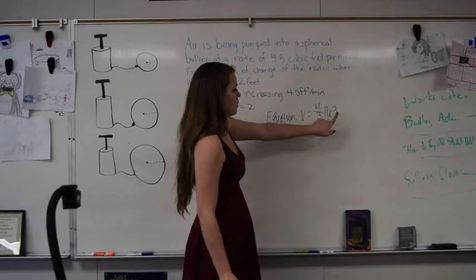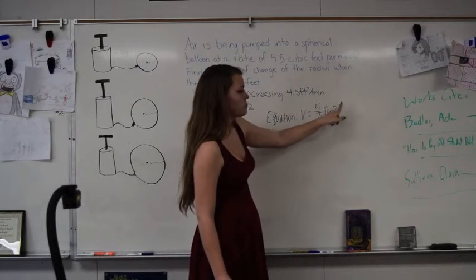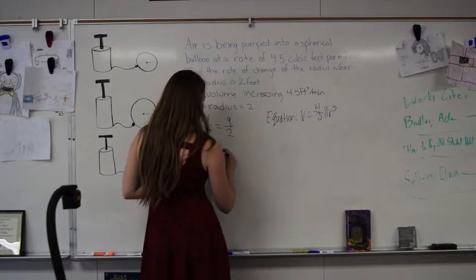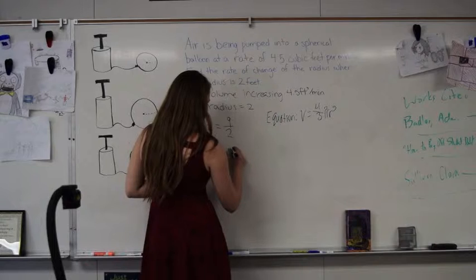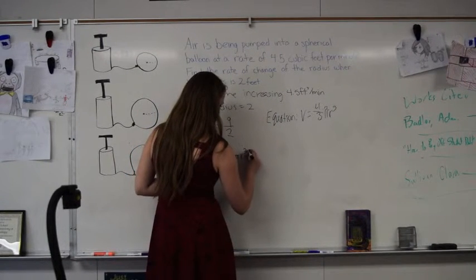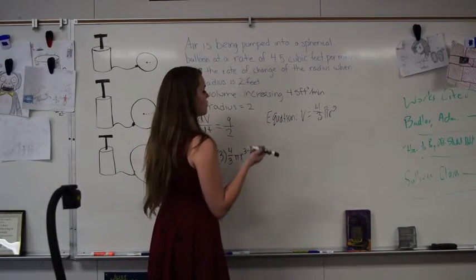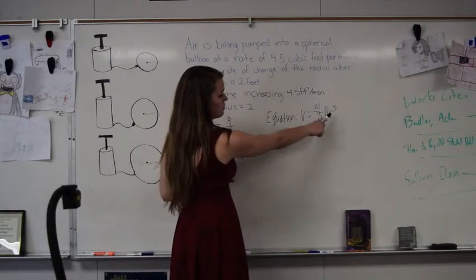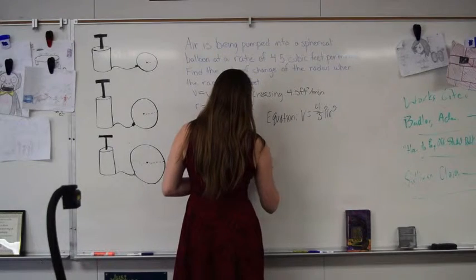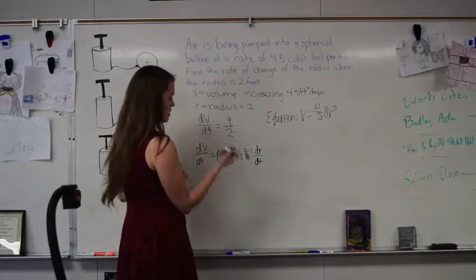So you bring the exponent 3 to the front of the equation and then subtract the exponent minus 1, like this. And then since it's implicit differentiation, we're solving the derivative in respect to the radius in respect to time. After this, we simplify.